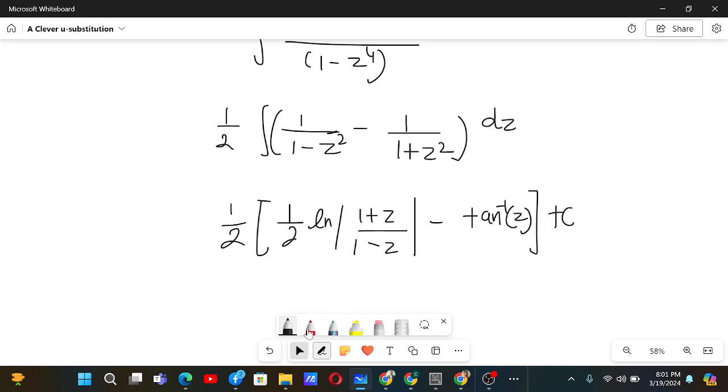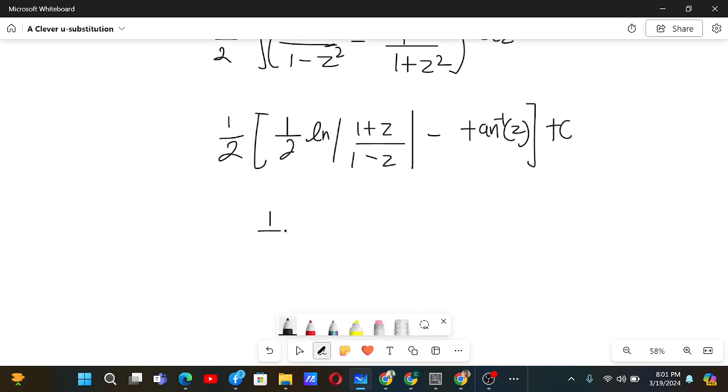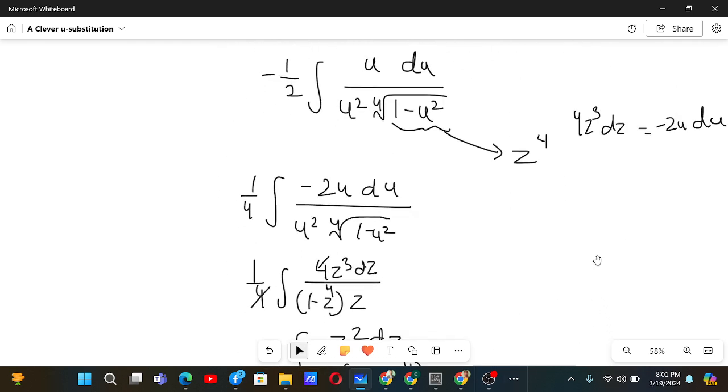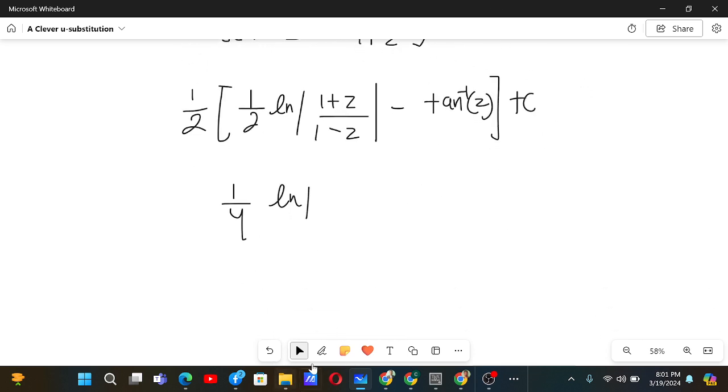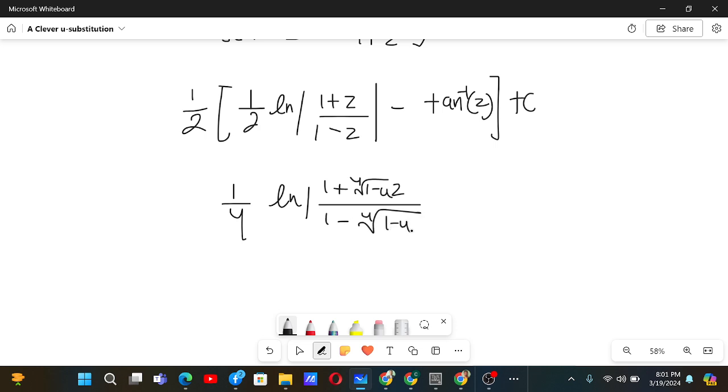Now let's write g in terms of the original variable. So 1 by 4 ln of, we know that g is the 4th root of 1 minus u square, by 1 minus the 4th root of 1 minus u square, and then minus 1 by 2 tan inverse 4th root of 1 minus u square plus c.